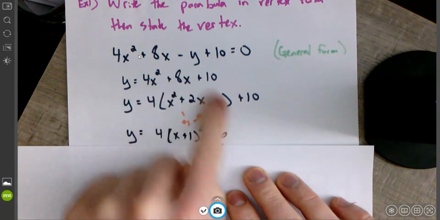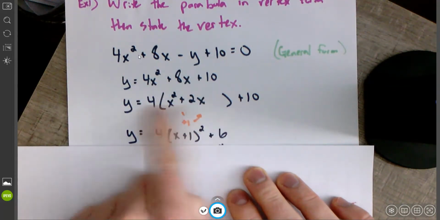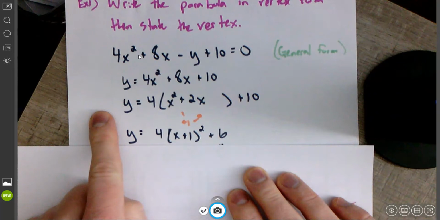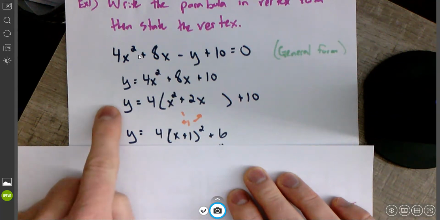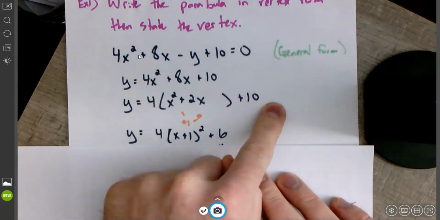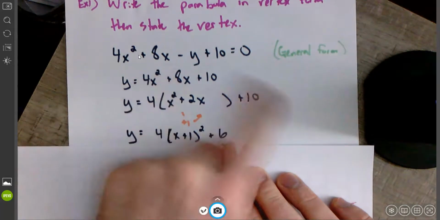But because of the distributive property, I actually added 4 to this side of the equal sign. If I add 4 to this side of the equal sign, I would have to add 4 to this side of the equal sign. Okay, but kind of moving ahead, if I have a plus 4 over here, I know eventually I'm going to have to subtract 4 to move that over to the other side. And that's why I'm getting this 6, 10 minus this 4.